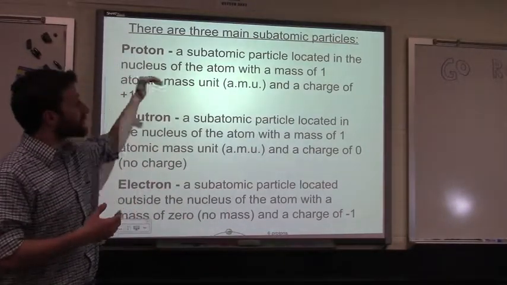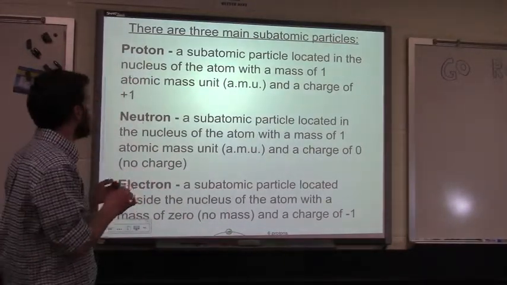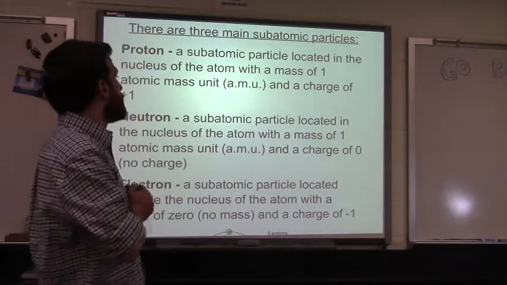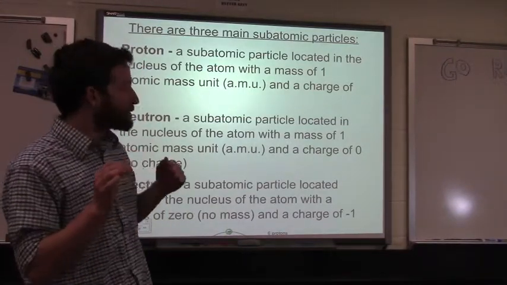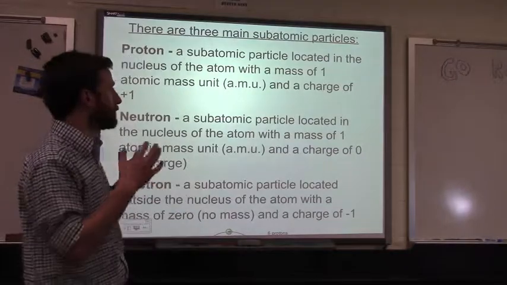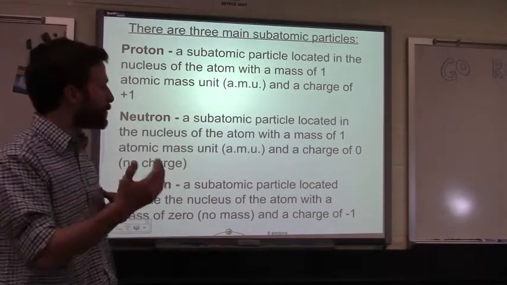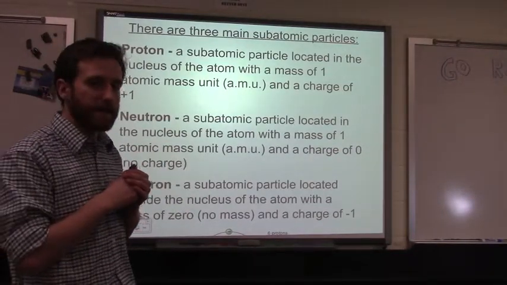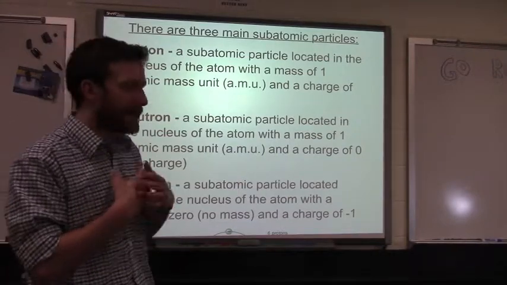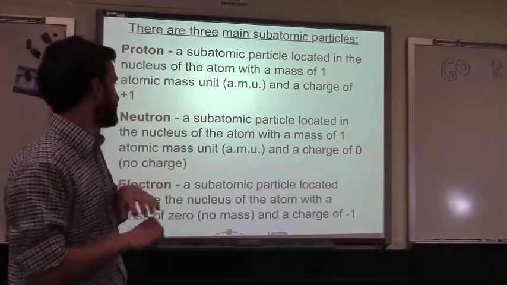So a proton is a subatomic particle. It's located in the nucleus of the atom with a mass of 1 atomic mass unit and a charge of +1. So when I say nucleus, I don't actually define this in this presentation, but a nucleus is the center. They're located in the center.